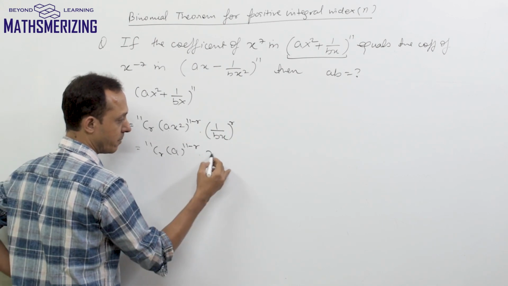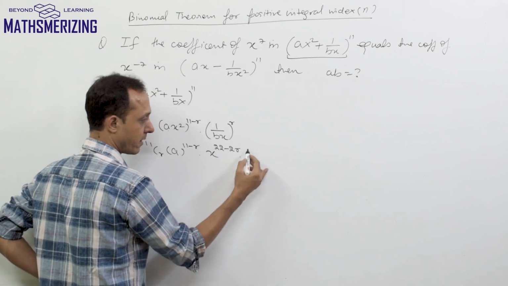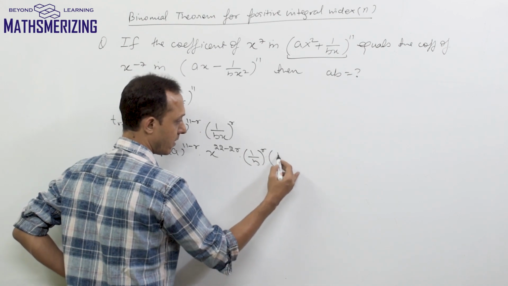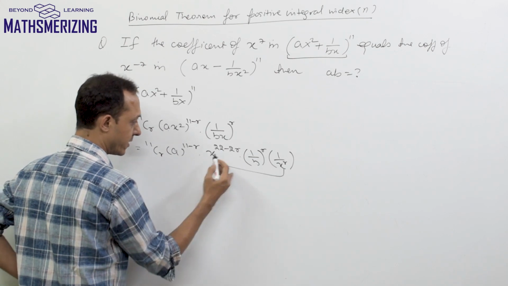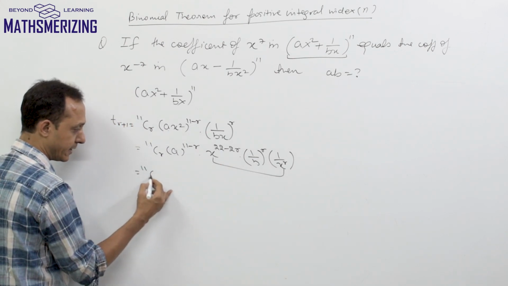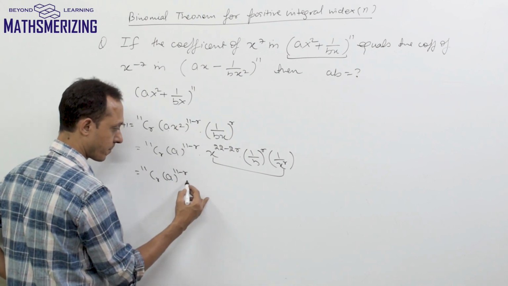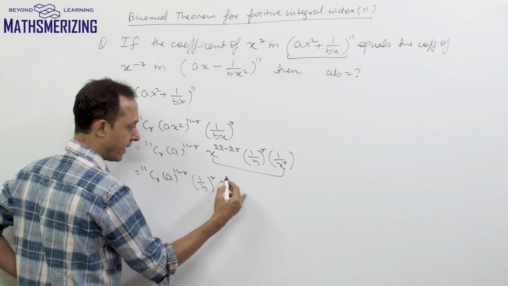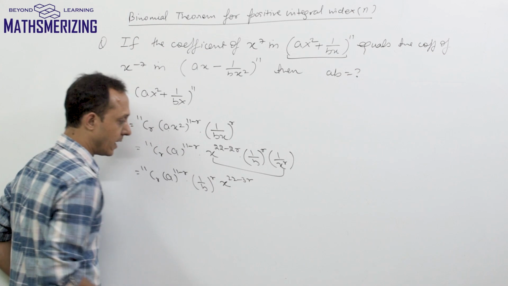I'll multiply the power 2, so it will be x to the power 22 minus 2r. Again, I'll separate 1 upon b to the power r, and then 1 upon x to the power r. So I'll take these two x together. I'll write 11Cr a to the power 11 minus r, 1 upon b to the power r, and here will be x to the power 22 minus 3r.